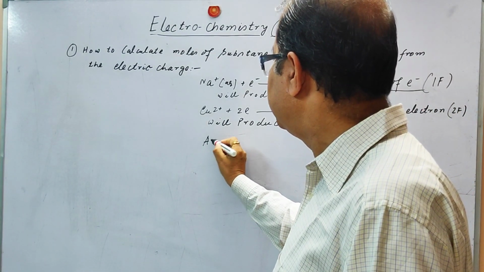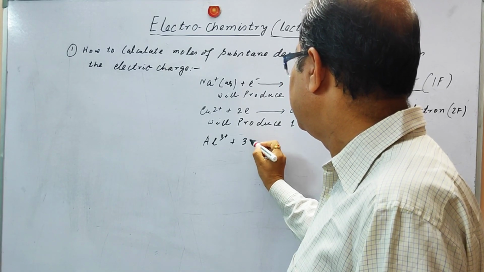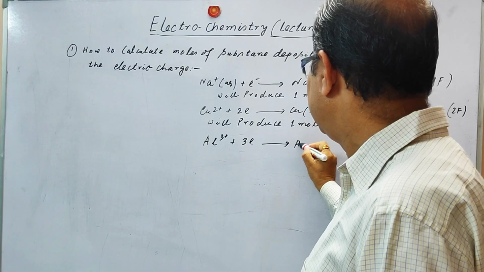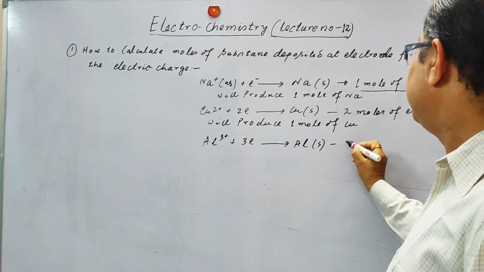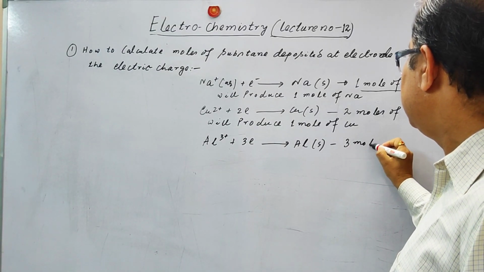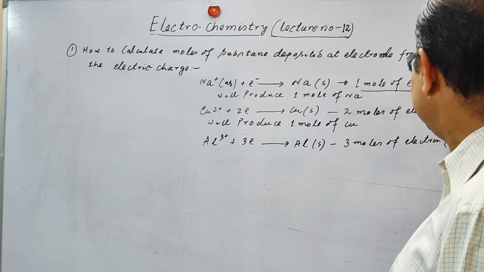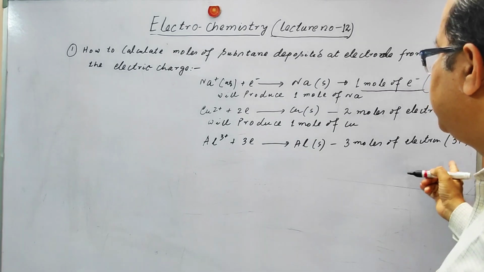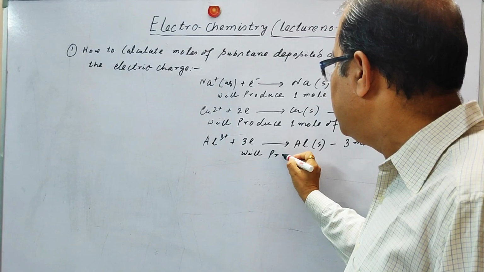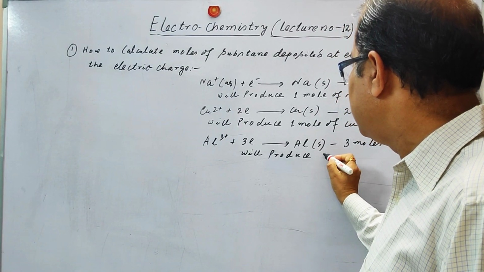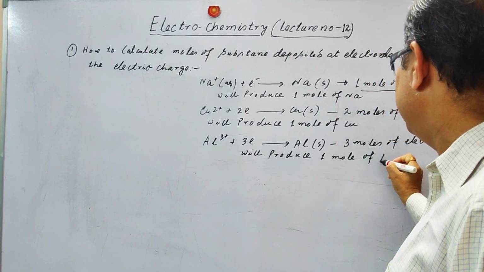Then take another reduction reaction, Al3+ plus 3e- gives Al(s). Here also 3 moles of electrons, that is 3 Faraday of electricity, will produce 1 mole of aluminum.